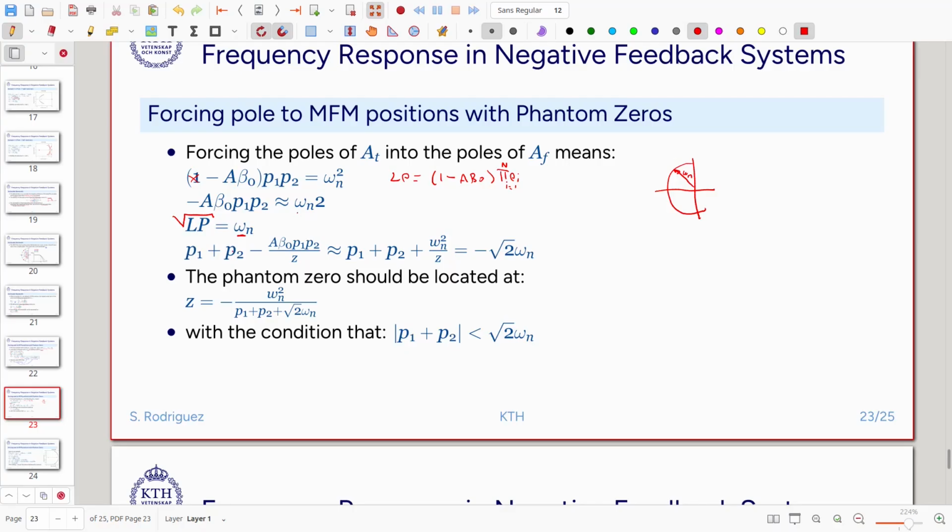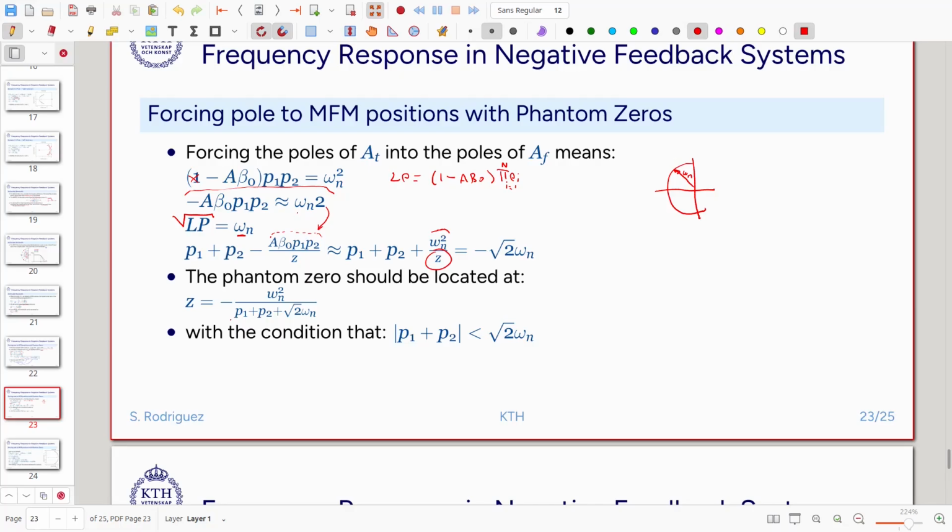Okay, for the linear term it is P1 plus P2 minus this term here, which is equal to omega n squared. It's the term that we have here. It is almost the same, but without the 1. It's just approximately the same. So we can replace it here, and then we have this part here, and this has to be, in the Butterworth filter, equal to minus the square root of 2 omega n. Then we can find the position of the phantom zero.